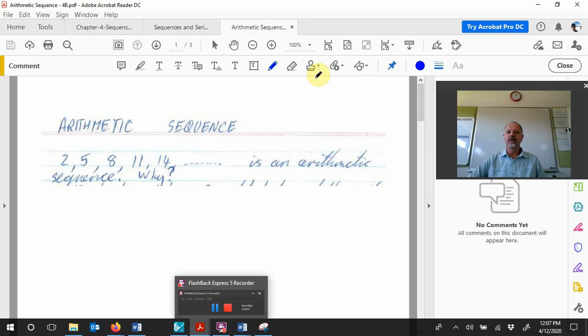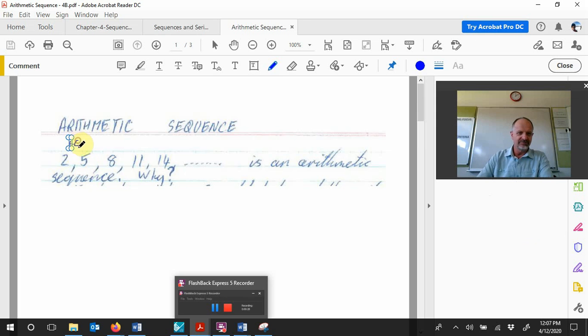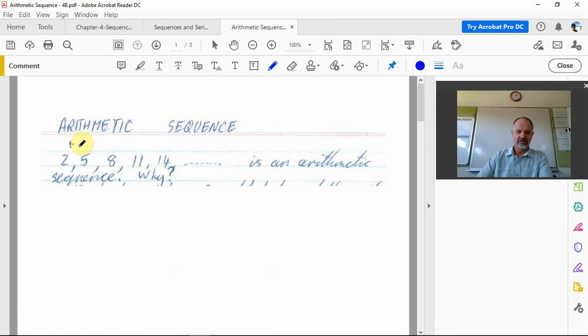Yep, we are. All right, so today we're looking at what's called an arithmetic sequence. Here's the example: arithmetic sequence 2, 5, 8, 11, 14. Why is it an arithmetic sequence? Well, to get from 2 to 5, you add 3.